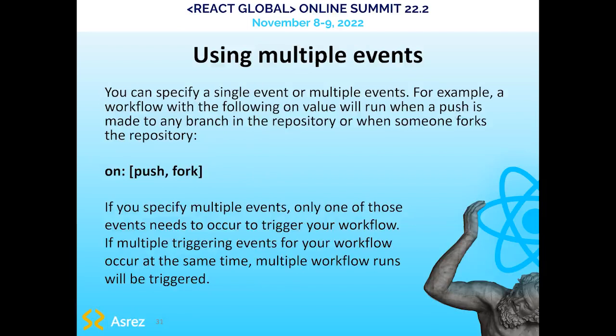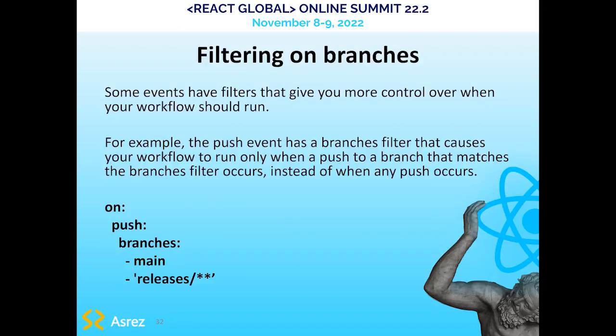A workflow can contain a list of jobs. For example, maybe in a workflow you want to run 2 different jobs, and it is okay. You can run one job on Ubuntu and another job on Windows.